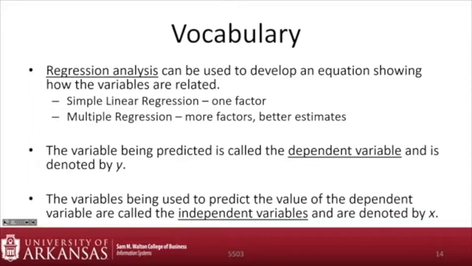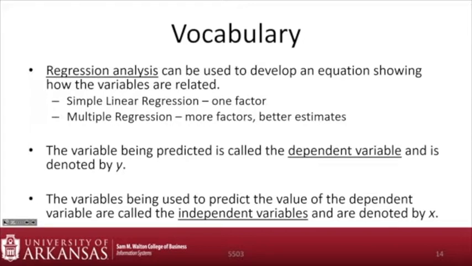Okay, we get more factors, we get more predictors, we get more independent variables, and then we can generally get better estimates. Not all the time, but most of the time, if you're trying to predict a value with just one value, unless they're really, really correlated, maybe not. If you add a little bit more information, then you can generally get a better estimate, a better prediction.